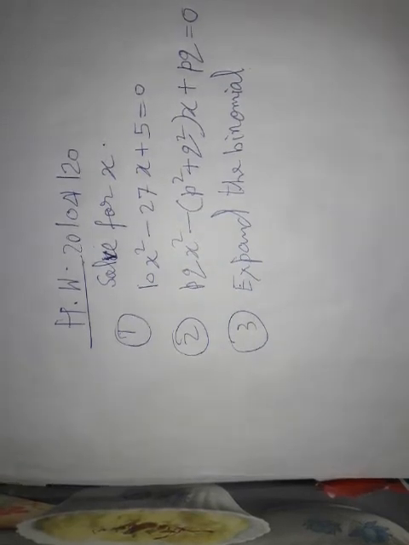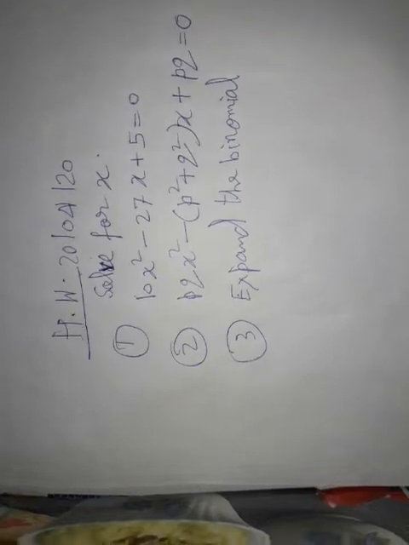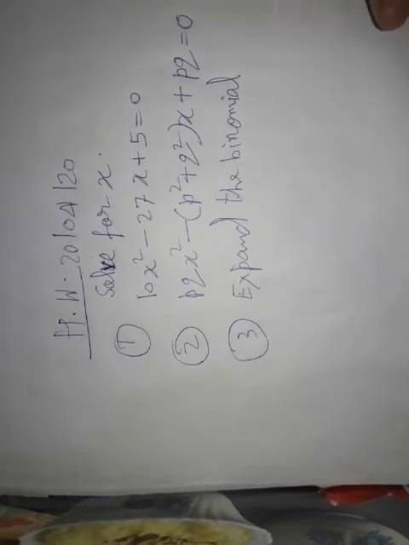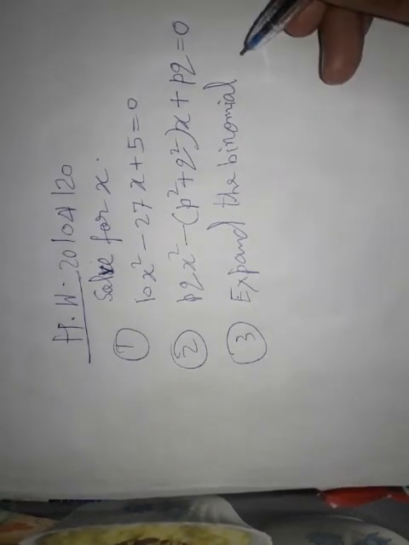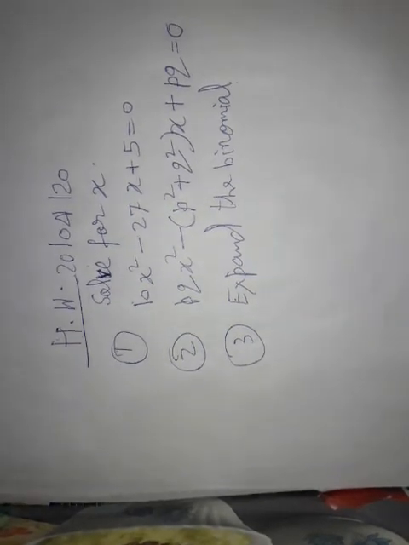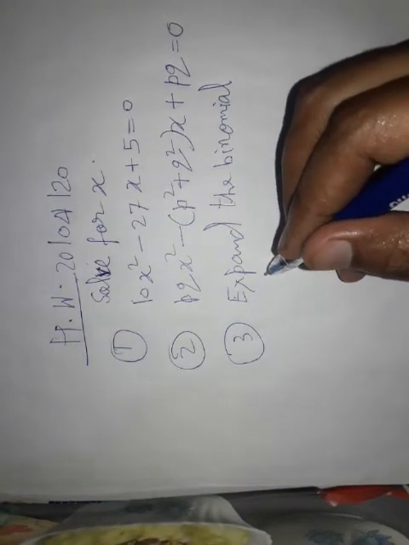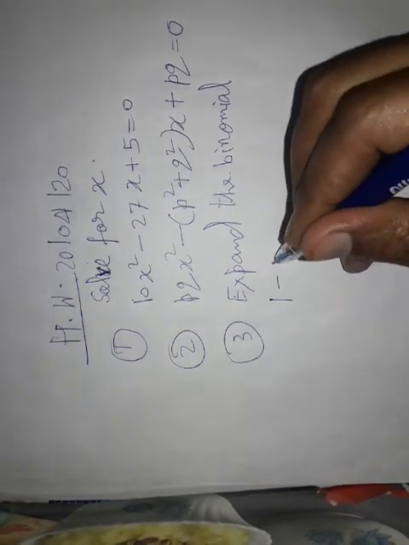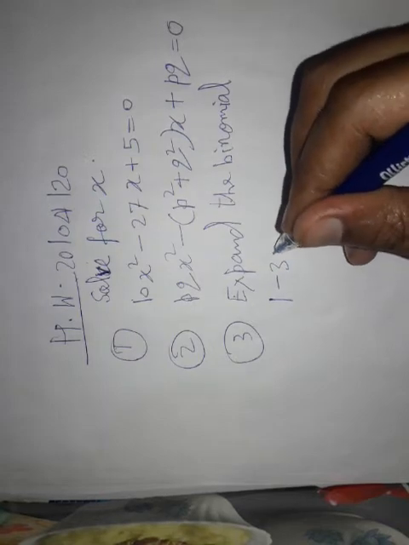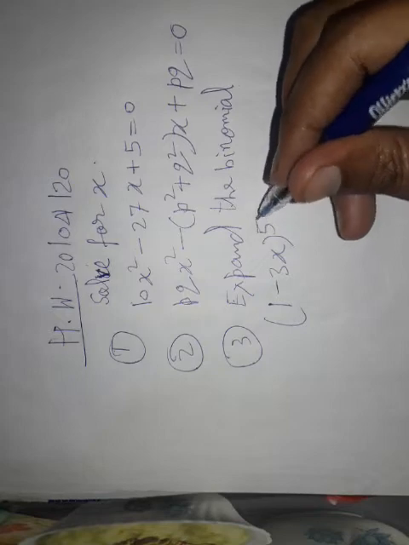In a binomial there are two terms, and in a monomial there is only one term. So you have to expand this binomial (1 minus 3x) whole to the power 5.